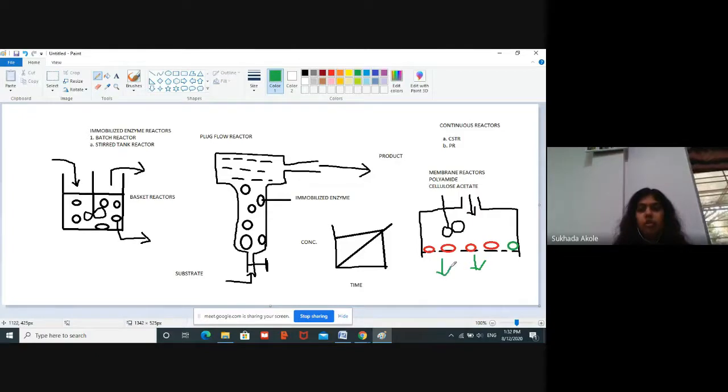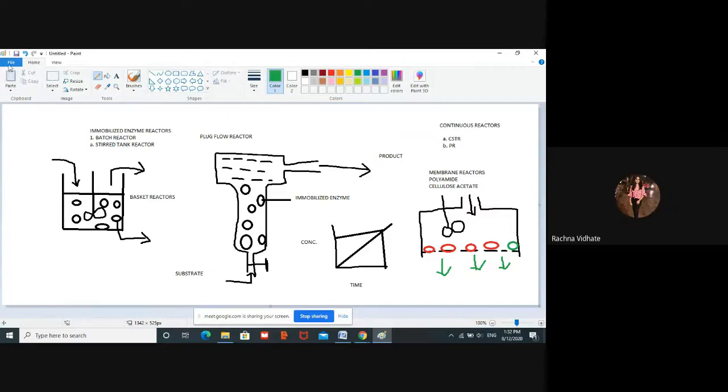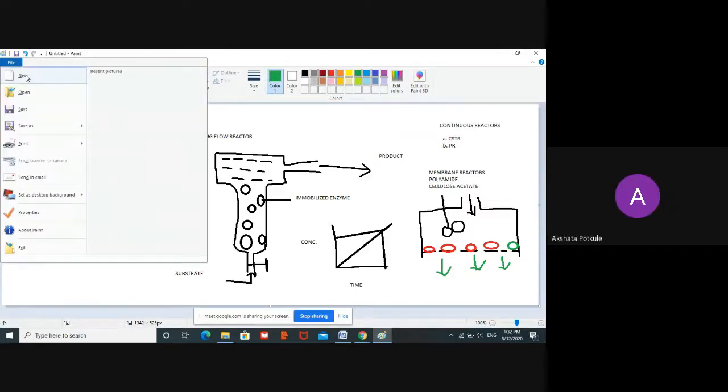The porosity is adjusted in such a way that only the product will be able to come out, and not the substrate or the immobilized enzyme. This is one type of membrane reactor, basically used for batch processes. Clear?